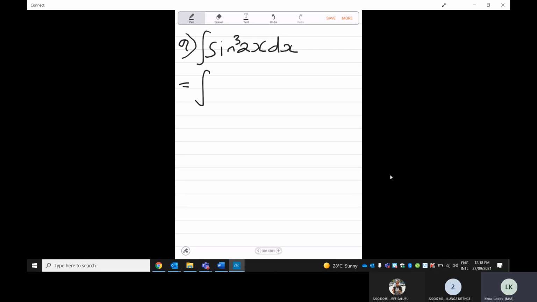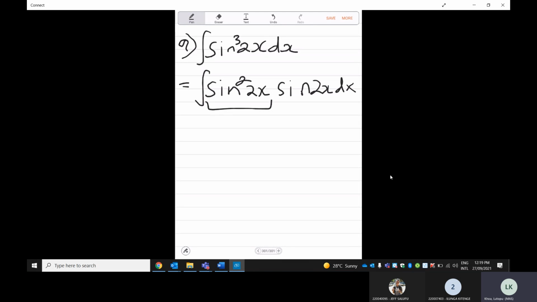So the way you must break it down is sine squared of 2x, and then sine of 2x dx. And then this one over here, remember there are 2 ways to break it down. You can break it down as cos 4x, or sine squared plus cos squared is equal to 1.